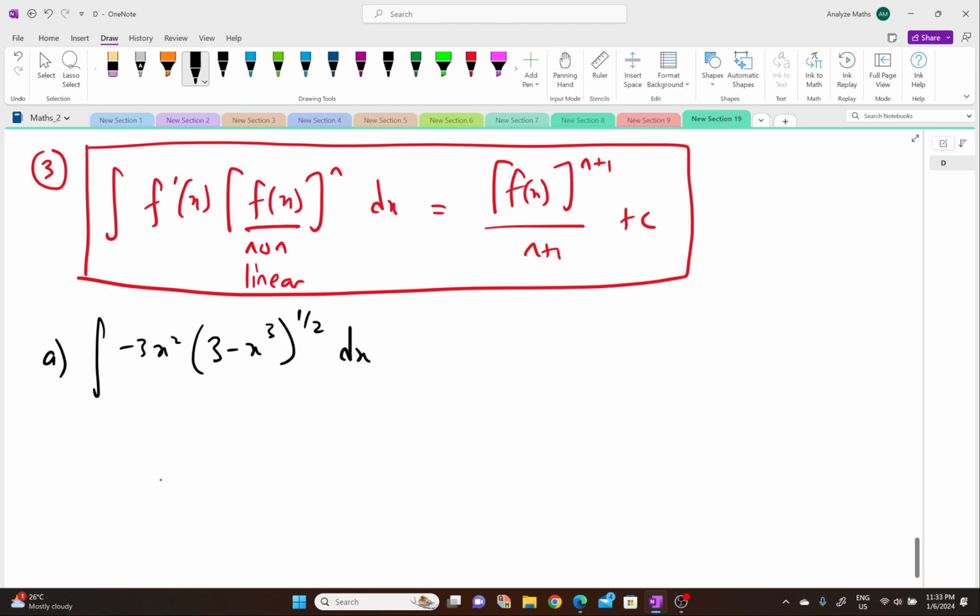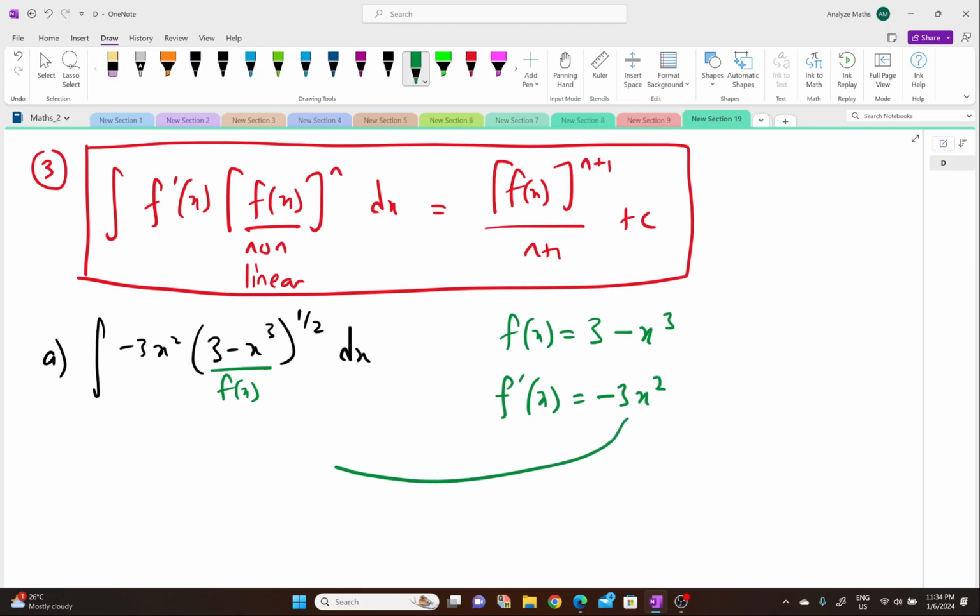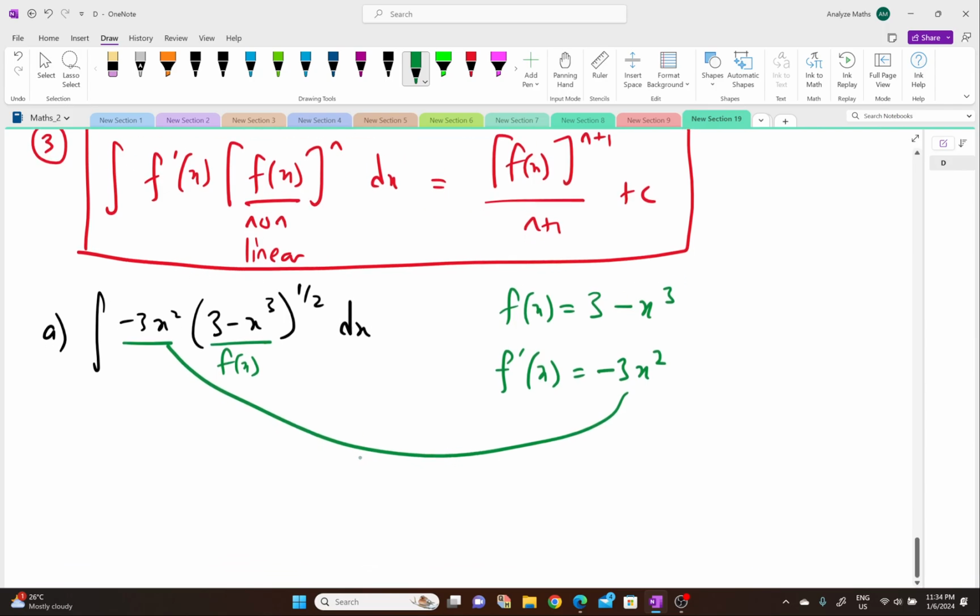So to show one example here, what is the fx here now? Okay, fx is the one inside the bracket here. This is my fx. If I differentiate this, what do I get? Negative 3x square. Is this outside here? You can see here it's outside here. So what is the answer according to the rule? Take the fx plus 1 to the 1 over 2, which is plus 1 this one.